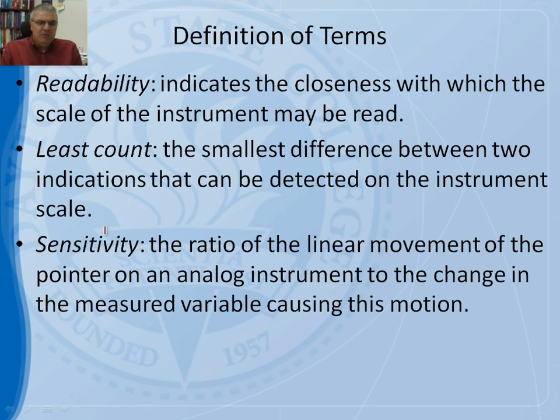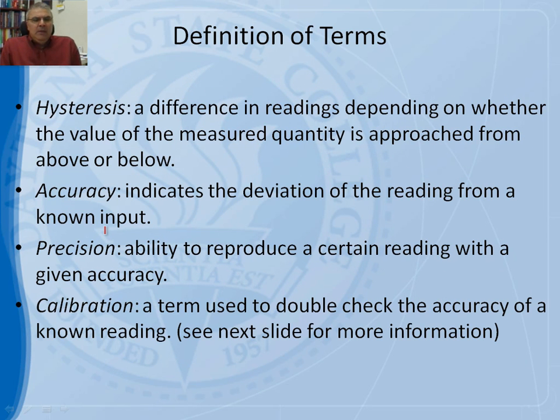Sensitivity, and this is the ratio of the linear movement of a pointer on an analog instrument to the change in the measured variable causing this motion. Remember, this is for analog instruments. For digital instruments, it is different. In engineering, we use the term hysteresis. Again, depending on the accent and the way it's being pronounced, these words are not commonly used in English language.